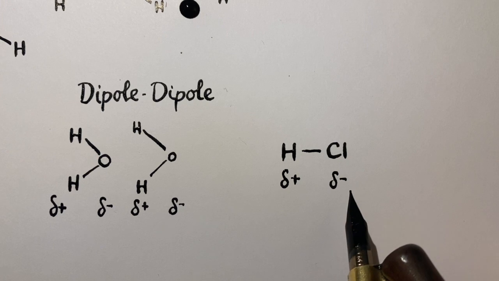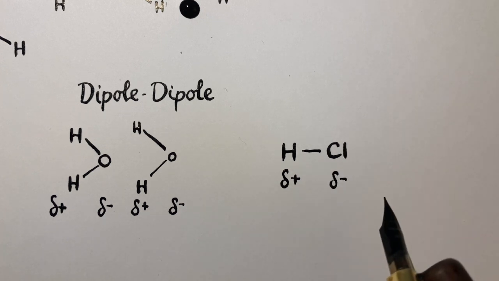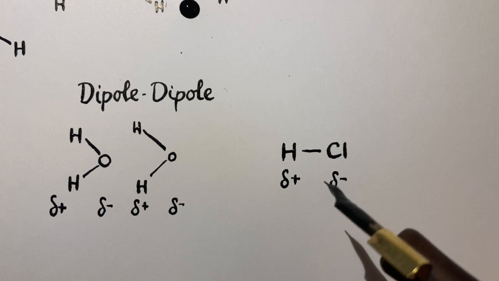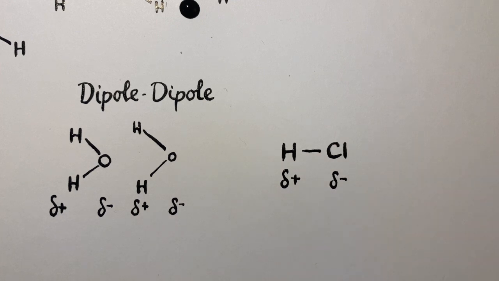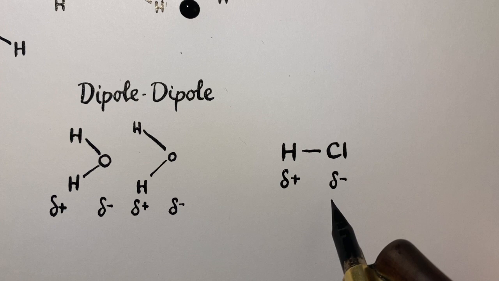I also wanted to mention that there's another convention for showing a dipole and where the electron density is. And that convention is more like a vector, showing the direction of the electron density, essentially.